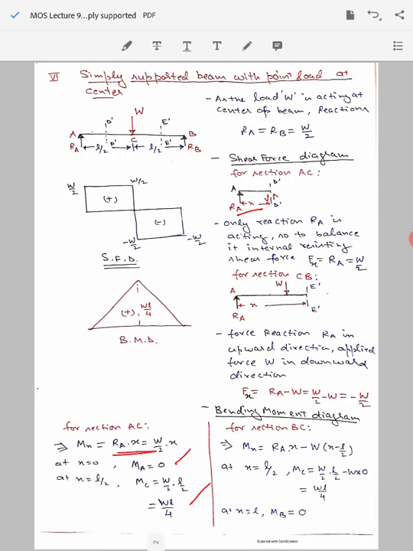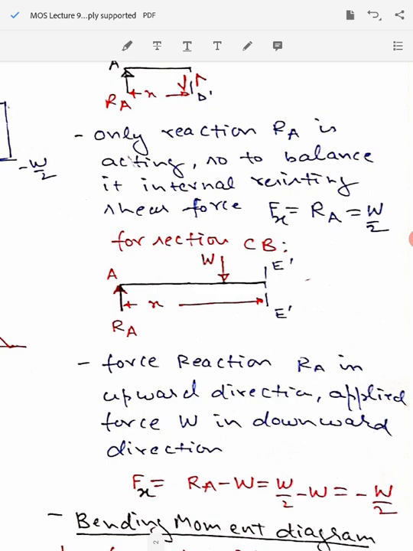Now for the other end, for the section CB, there is a force of magnitude RA acting, the reaction force, and there is the external force W acting. For the cut section E dash here, the distance of RA is x, while the distance of W is x minus L by 2, because this distance is L by 2. So the distance of W from this cut section will be x minus L by 2.